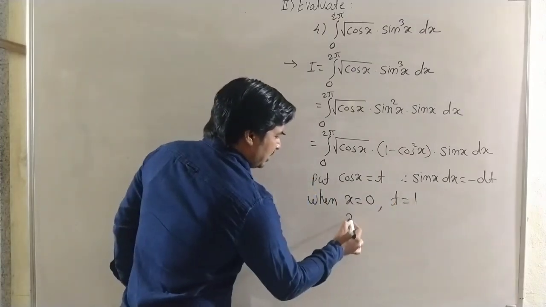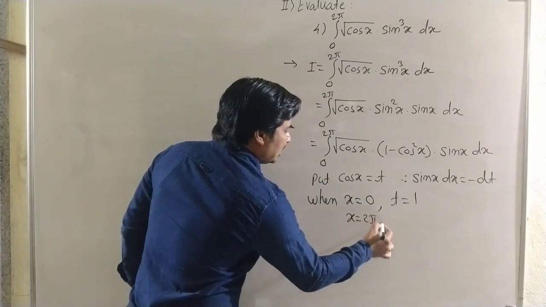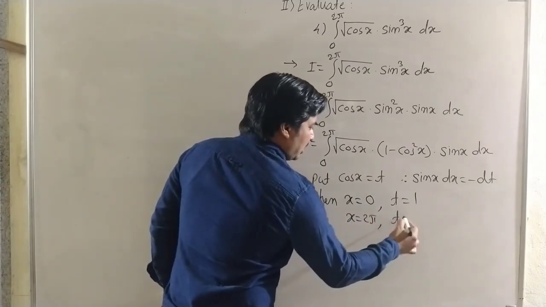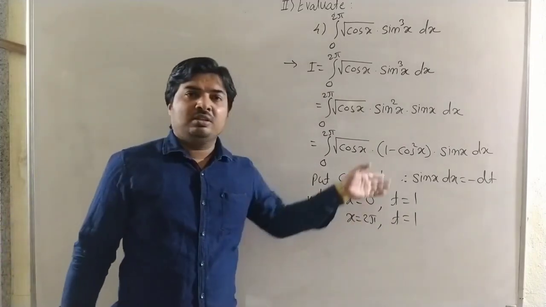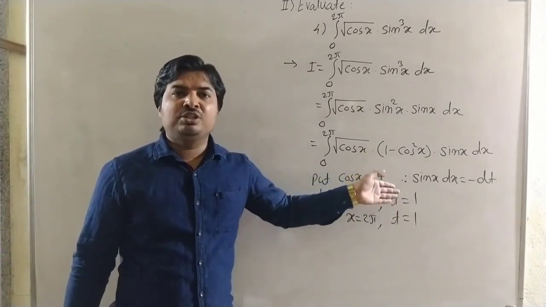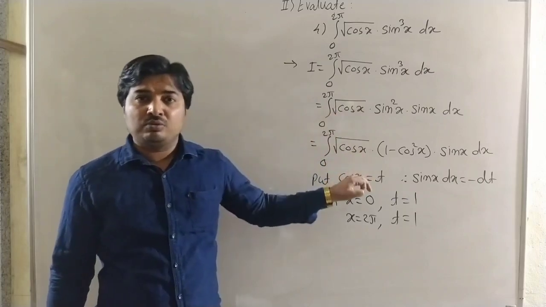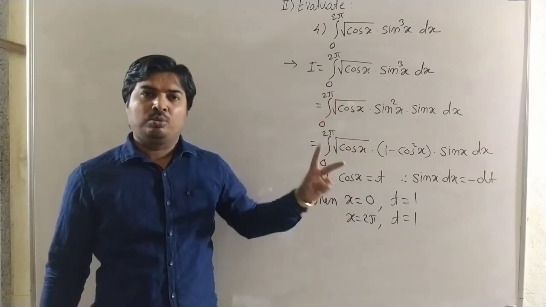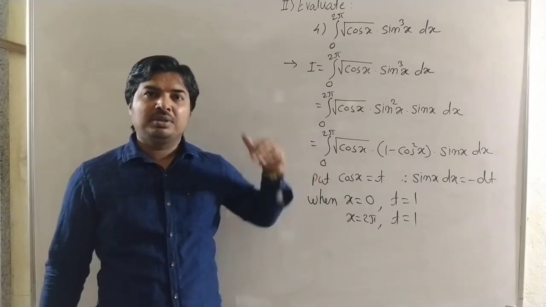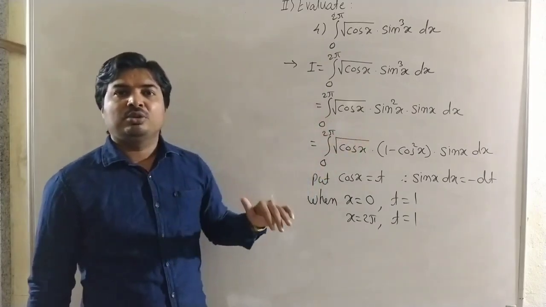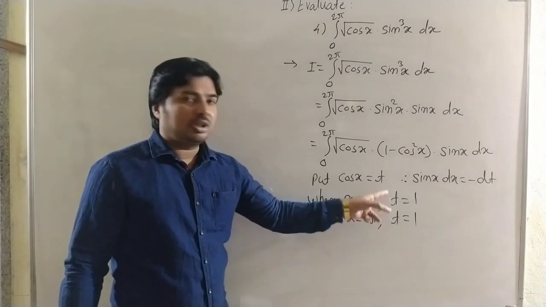When x is equal to 2 pi, that is 360 degrees, again t is equal to 1. So the upper limit is 1 and the lower limit is also 1; both are the same.